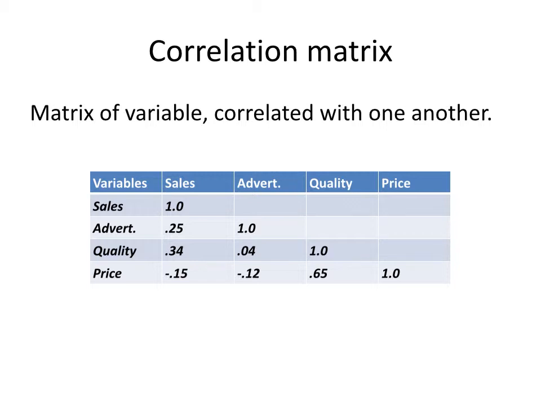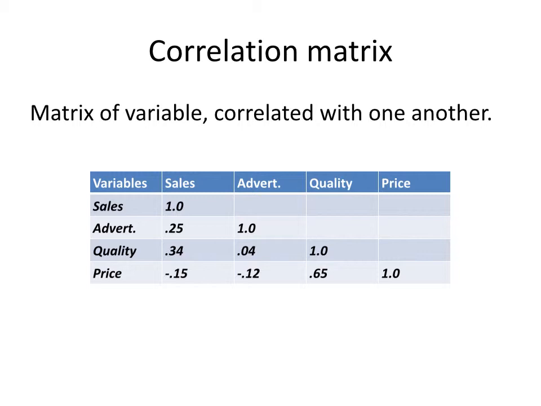One of the first questions is whether this is a sensible or expected sign for each correlation. So we see that advertising is positively correlated with sales, and marketers should take heart from this finding. Increasing promotion does help drive sales.